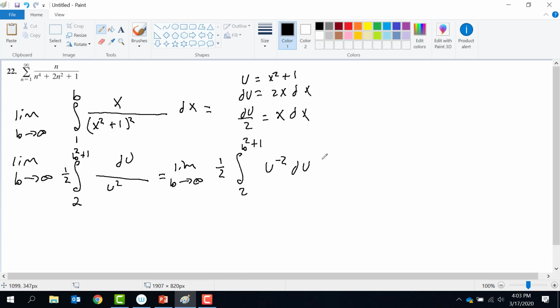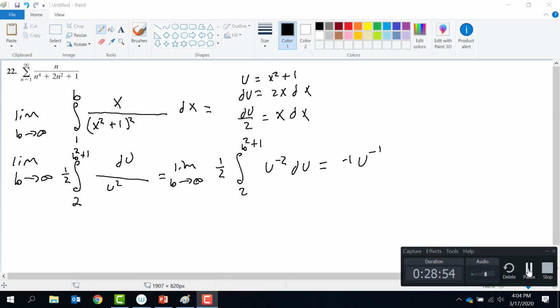It's only if it's just 1 over u. Now this is a power function, so we use the power function rule. We add 1 to the exponent and get u to the negative 1, multiplied by the reciprocal, which is multiplied by negative 1.